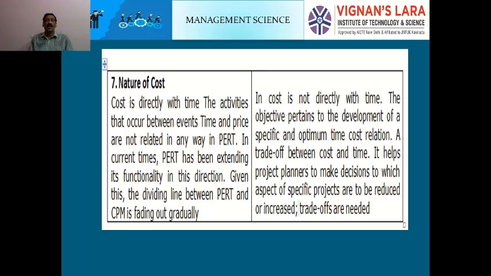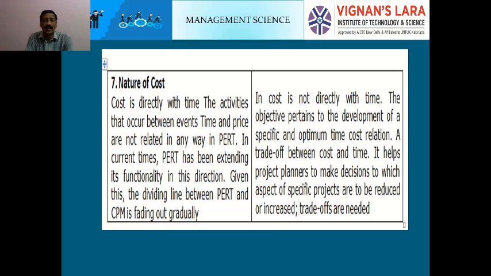It is only relating to cost orientation, that means total investment in project work. Particularly, PERT has a cost base with reference to time. That is, cost is directly tied to time. The activities that occur between events and time. Here, price is not related to any PERT event.